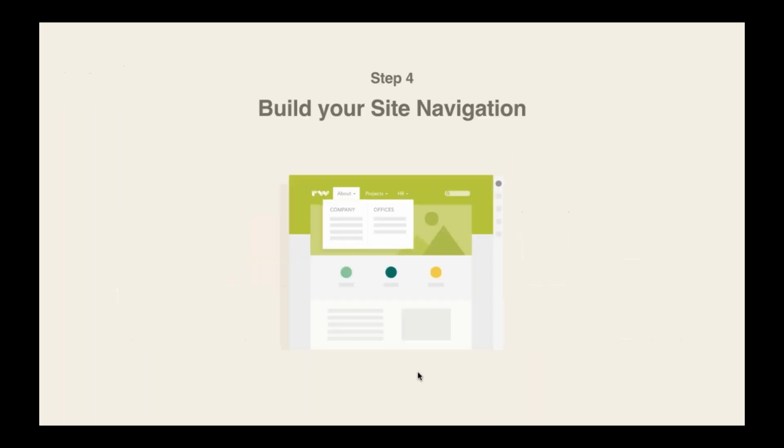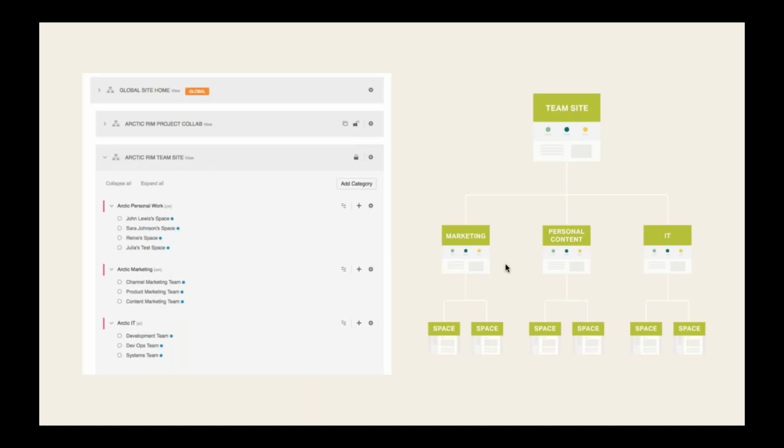So the next step for them was to actually build this site navigation into Confluence. So this is how they did it. So here's an example on the right of what their team site structure is. So we'll just look at the team site to show you how this works. And here, on the left, we're looking at the site builder view.